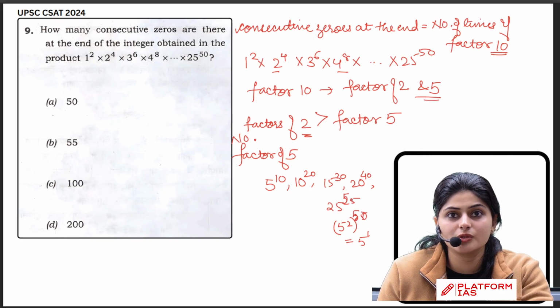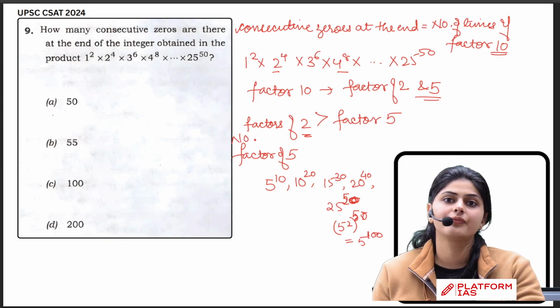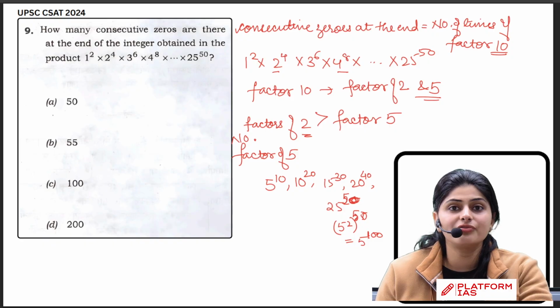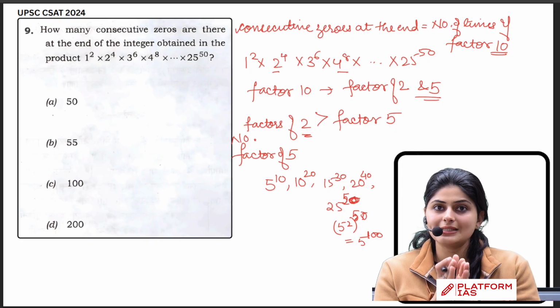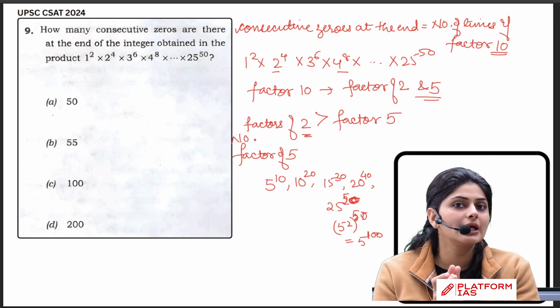This is 25 to the power 50. So it is 5 squared to the power 50, which is 5 to the power 100. Now the number of factors of 5: if the bases are the same, then the powers are added.